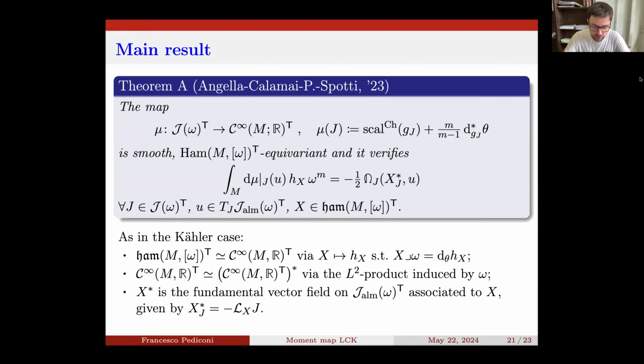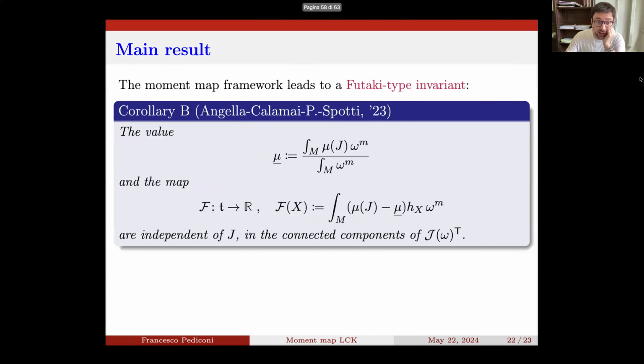Okay, so we obtain this moment map framework in this T-invariant, at least locally conformally symplectic framework. Let me say that as an immediate corollary, as we expected, this moment map framework leads to a certain Fujiki-type invariant.